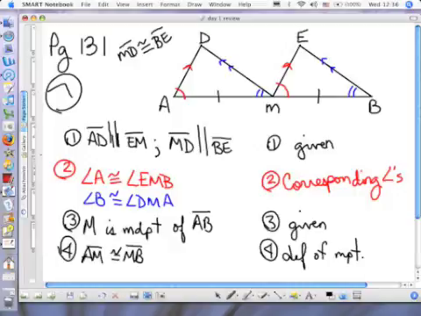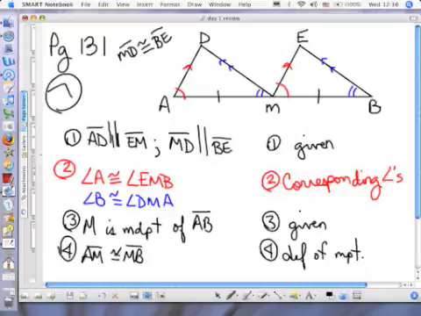Let's get our letters in order. If we have MAD, how would we put the letters of the other one? BME.